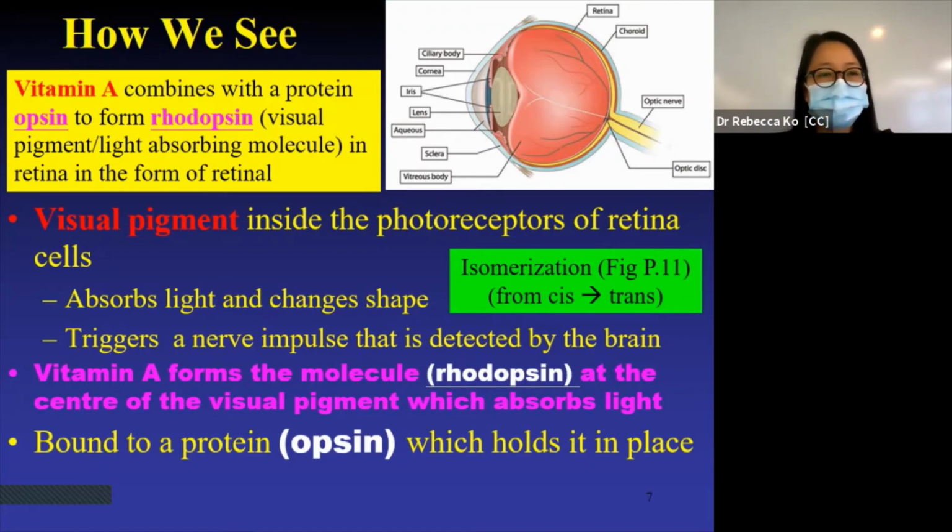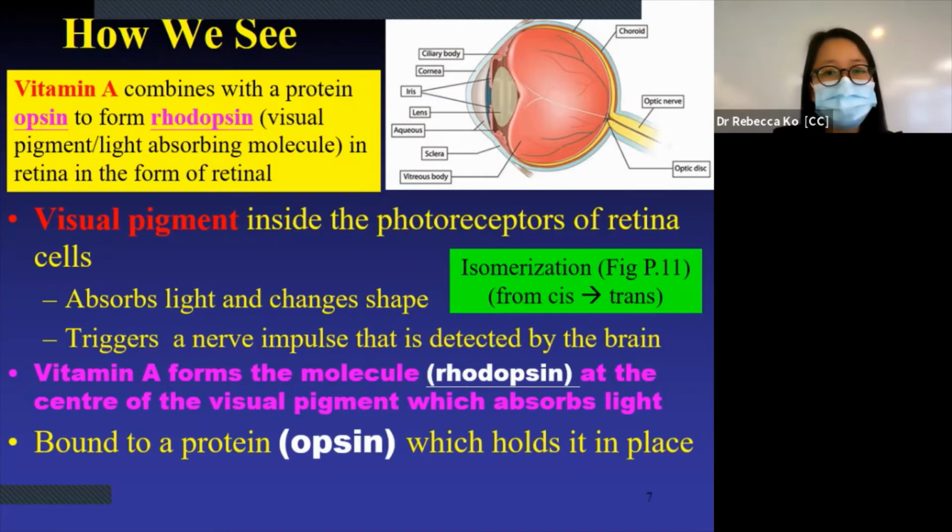That's the rhodopsin. This is the light absorbing molecule. After absorbing light, we'll have the change in shape from the cis form to the trans form, and that will generate an impulse. So that, okay, it is detected by the brain. Do you understand the whole process?